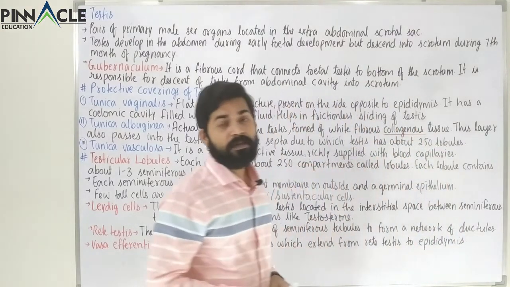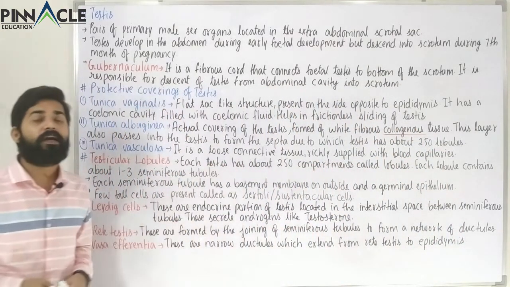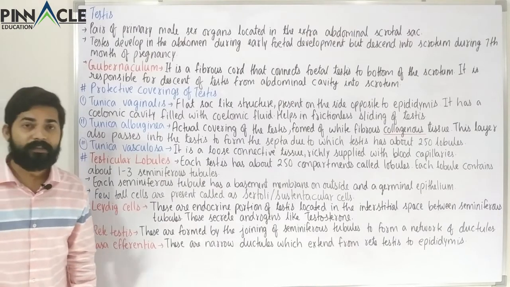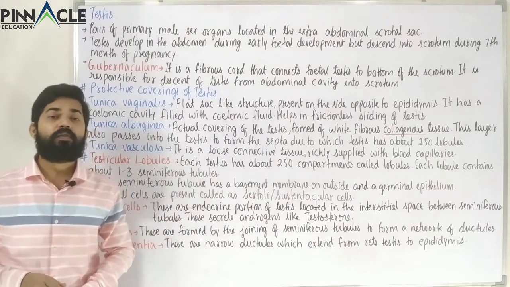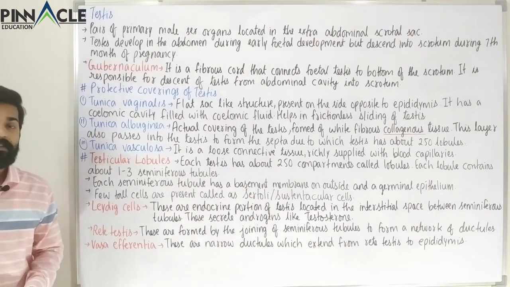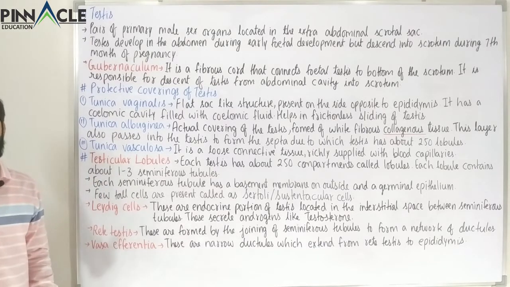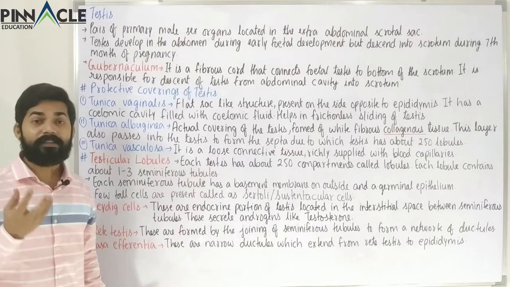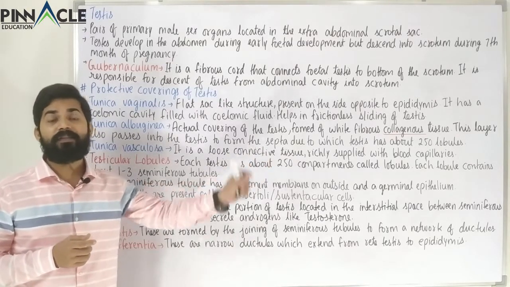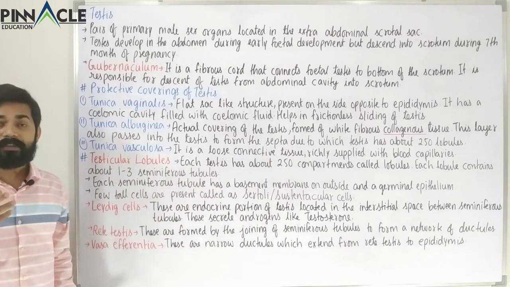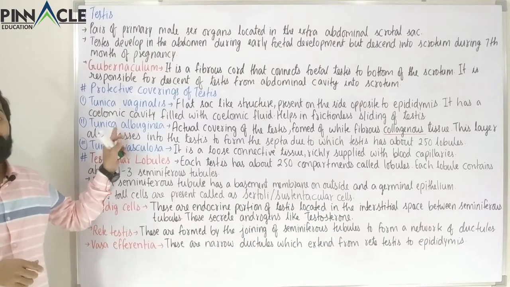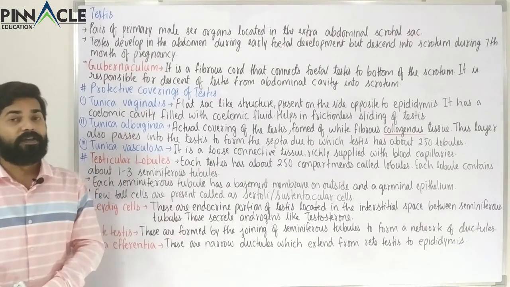You must have heard about collagenous tissue and also about yellow elastin tissue. This white fibrous collagenous tissue is present at many places inside the body, especially inside the tendons as well as in the bones. So this collagen fiber provides strength to this layer. Therefore it is a very protective covering of the testis.